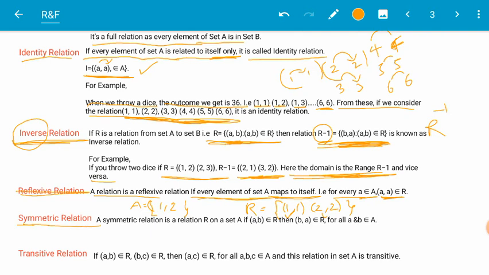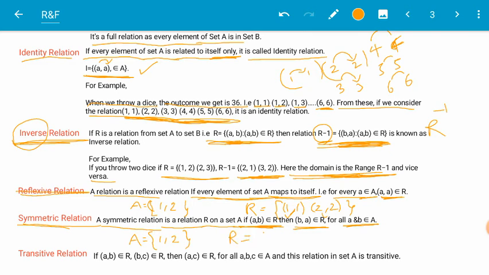Let's see symmetric. A symmetric relation R on set A is one where if (A, B) belongs to R, then (B, A) must belong to R, where A and B belong to set A. Same thing, you can take A equal to the set {1, 2}.